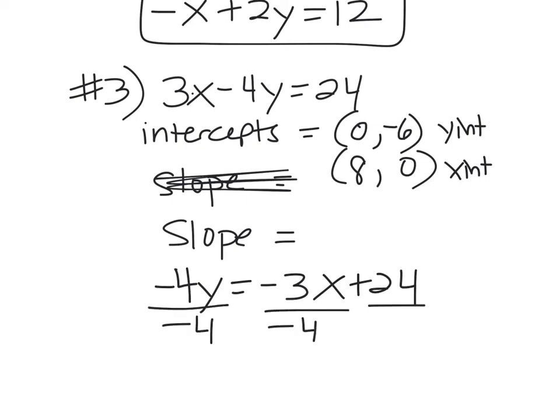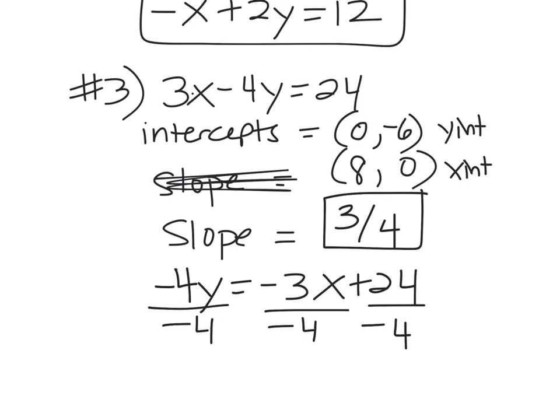And you don't have to really simplify that. You can just see the slope is going to be the coefficient of x, which would be positive 3/4. You could have also used these 2 points right here and just did y minus y over x minus x. That would have gotten that too. Is it negative? No. Positive. Yep, we're good.